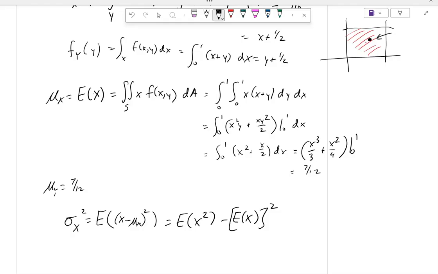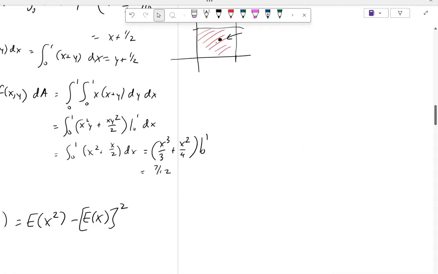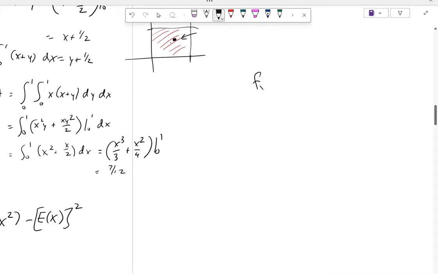Questions on that one at all? Can you show why x and y are dependent? Yeah, so that last step. Again, if I do my marginal for the x and my marginal for the y, I would multiply them together and get this mess.